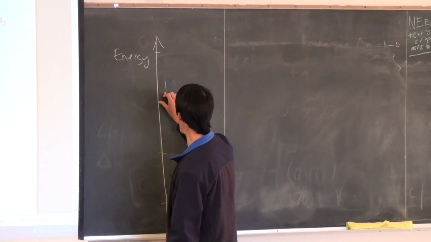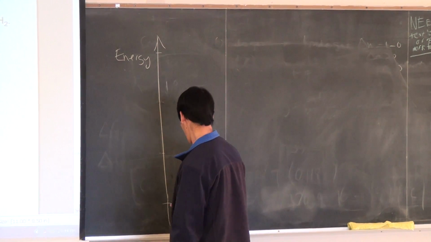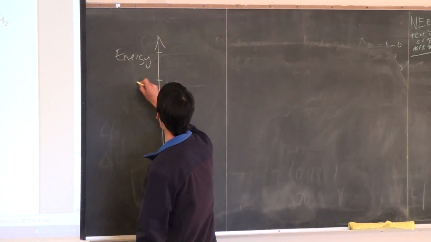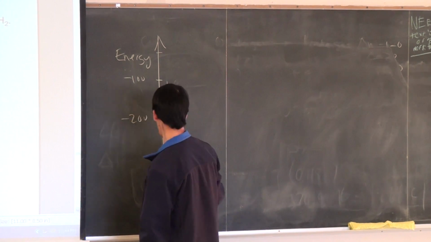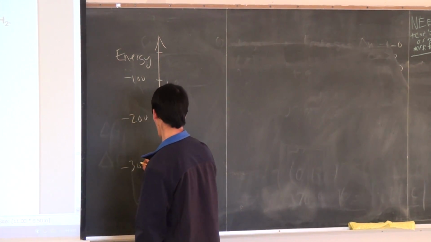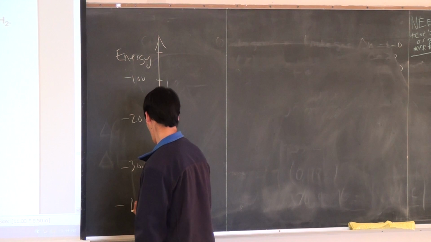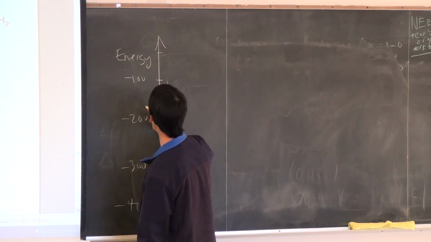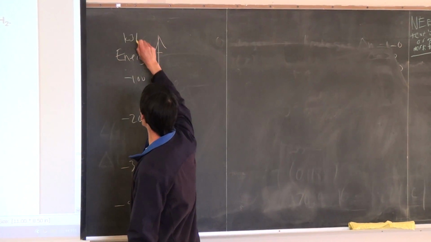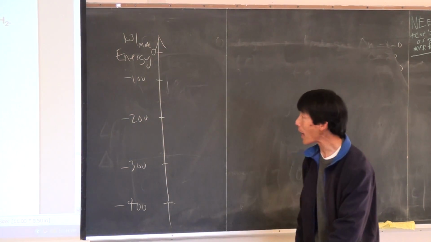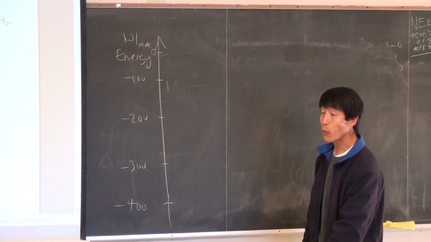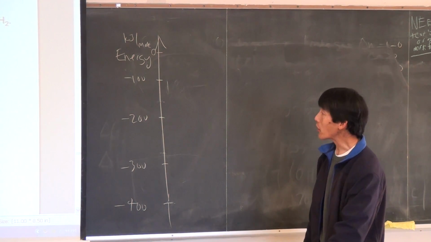Let's see here. Okay, so this is minus 100, minus 200. So this would be in kilojoules per mole. And this is 0. So let's plot on this graph the delta H of formation of each fuel.